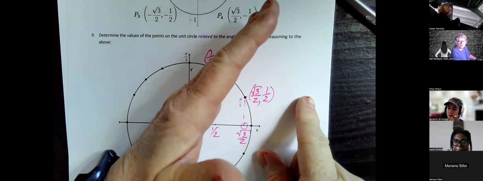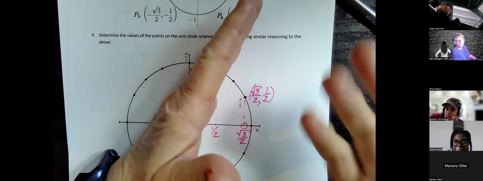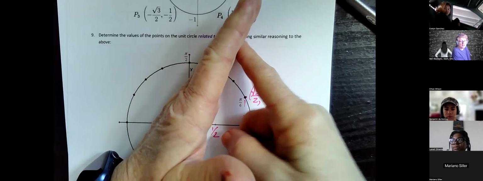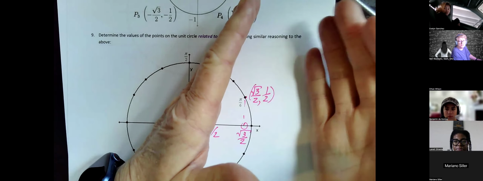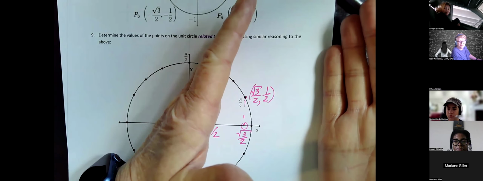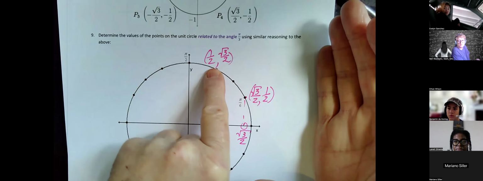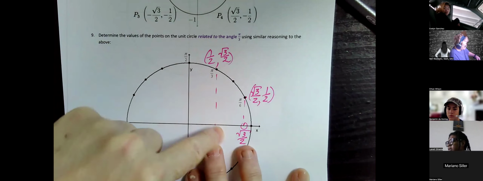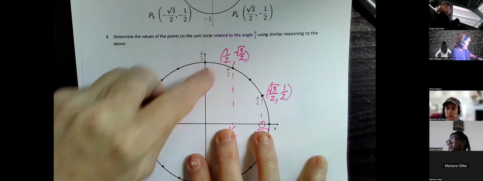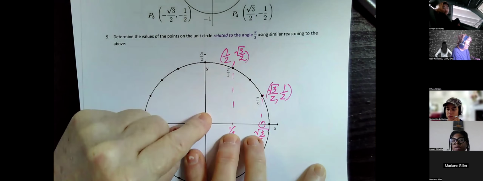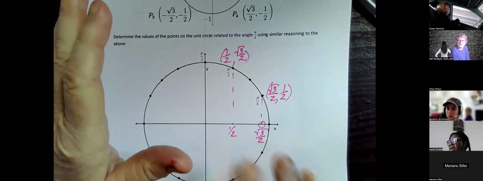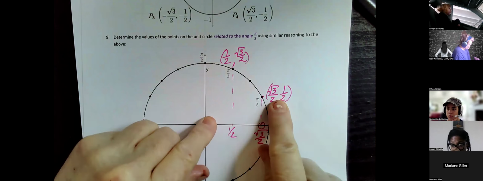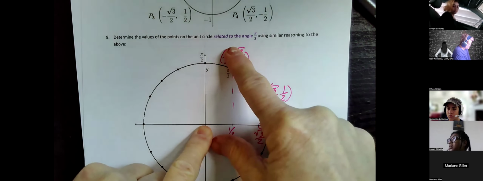And up here, which one is longer? The second coordinate is longer, the first coordinate is shorter, so the first one must be 1/2. I just draw them in my head and figure out which one is shorter. So that's a way to remember which one to use for the pi over 6 angles or the pi over 3 angles.